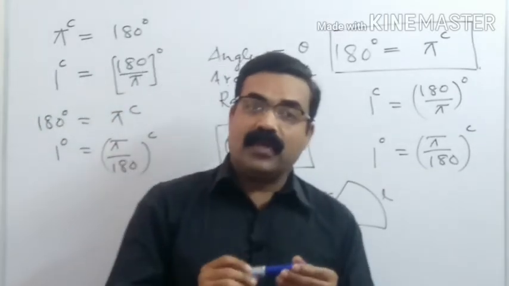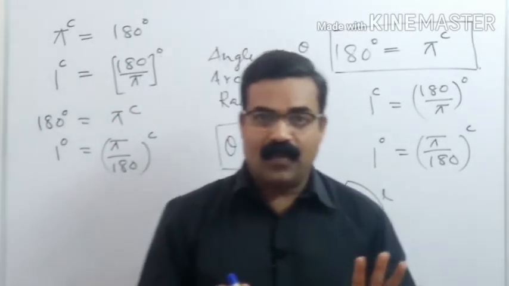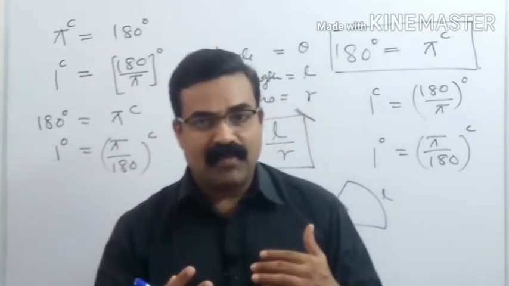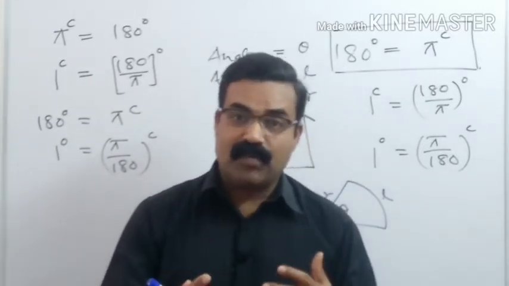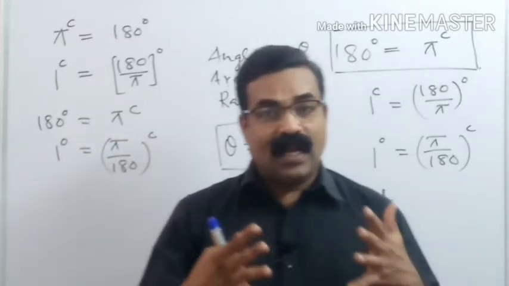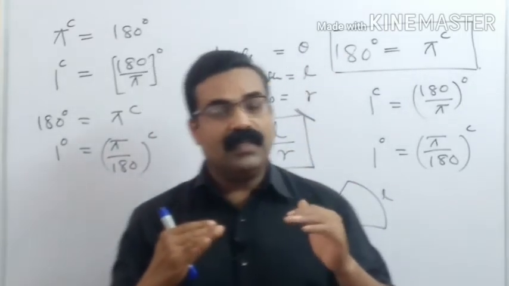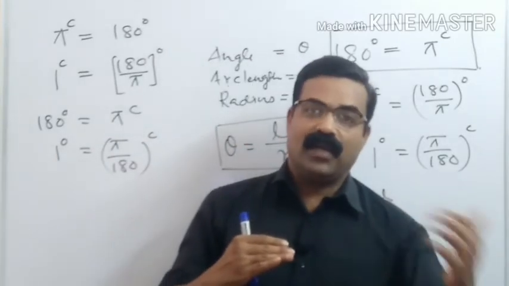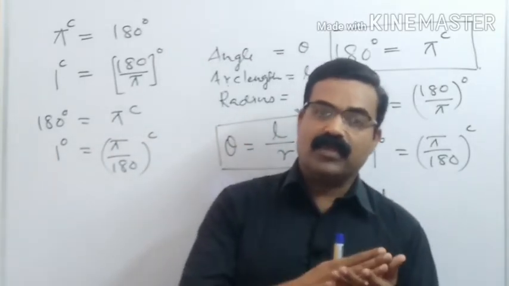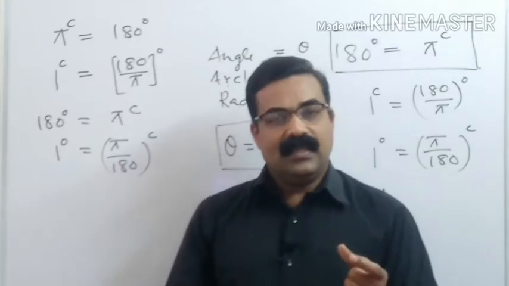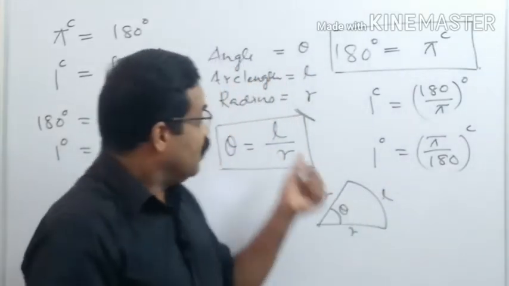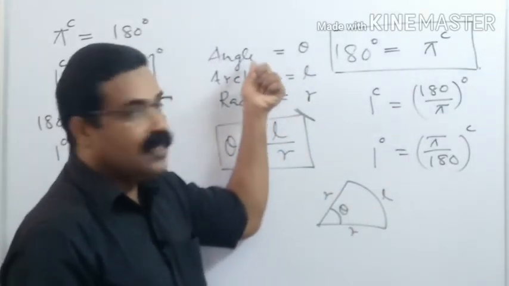So what are all the important things we have studied till now? We have seen what a degree measurement is, and what a radian measurement is. We have seen the relation between degree and radian measurement, how to convert degree measurement into radian and radian into degree, and the important relation between radius, arc length and angle.